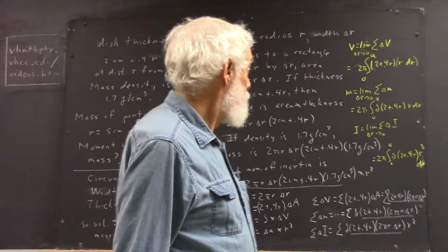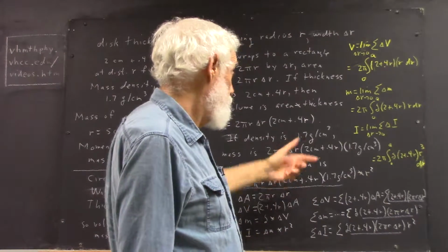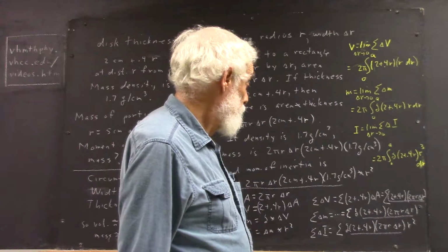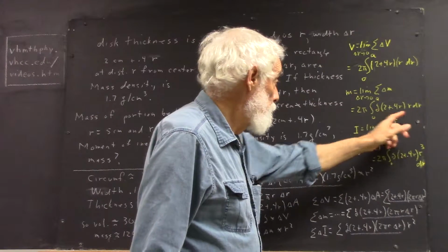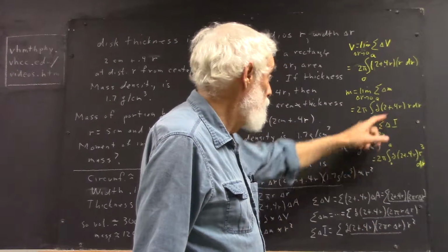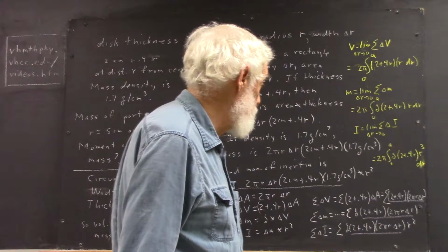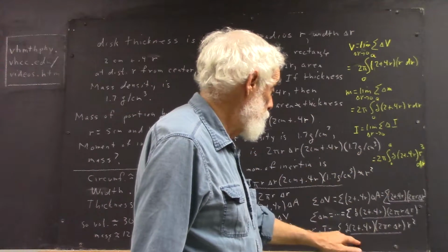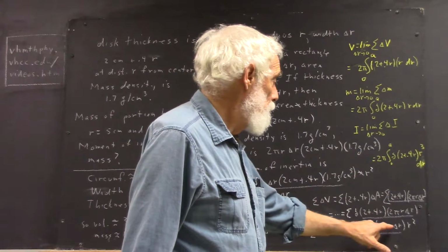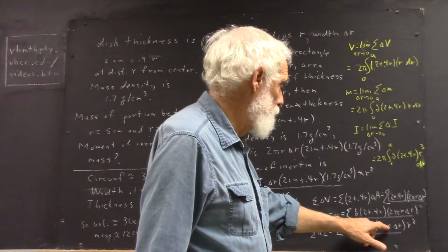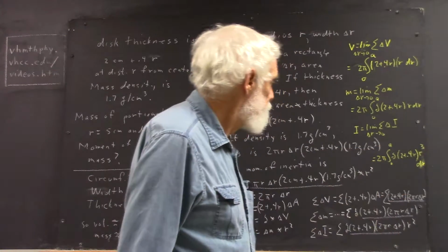Then you can do the same thing with the masses. You can move this expression to an integral, and you can see how the integral relates to the expression. And the same with the moment of inertia. Of course, I've used an r cubed here, but that's my r times r squared.